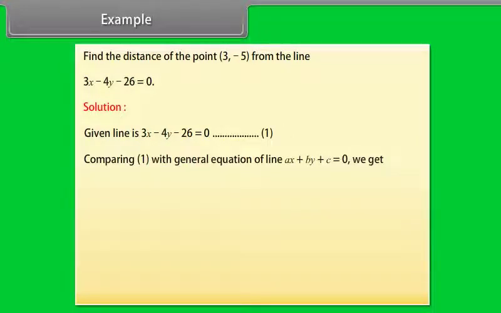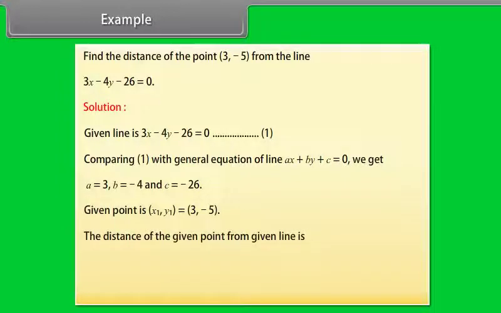Comparing 1 with the general equation of line ax + by + c = 0, we get a = 3, b = -4 and c = -26. Given point is (x1, y1) = (3, -5). The distance of the given point from the given line is d = 3/5.